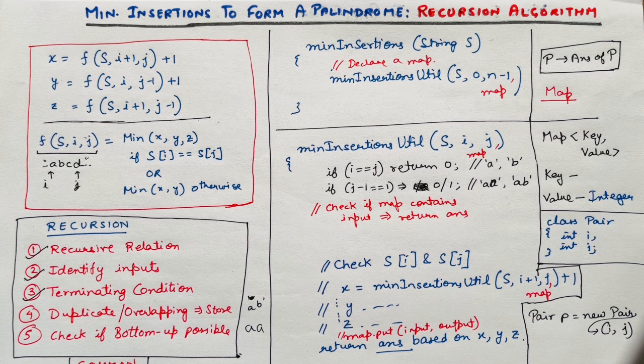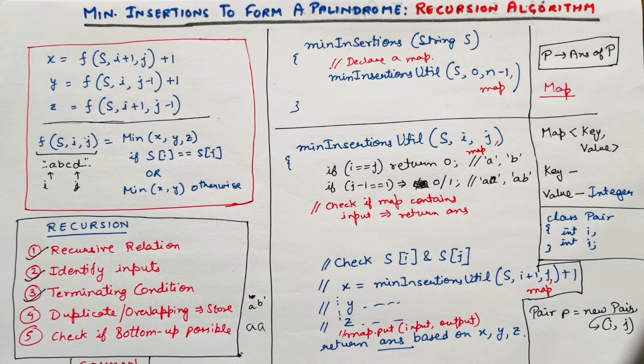So what should we do? Our aim here is that we should be able to tell Java that when you are doing map.contains p, don't just go on looking for the same address that it points to, but instead look for the values that it represents, I and j. And how will we do that? For that, we will have to override the equals method of this class.